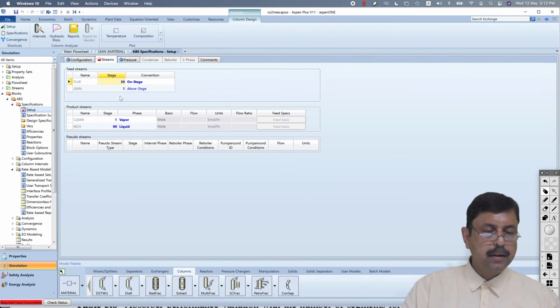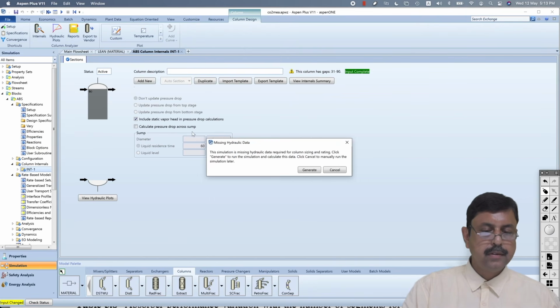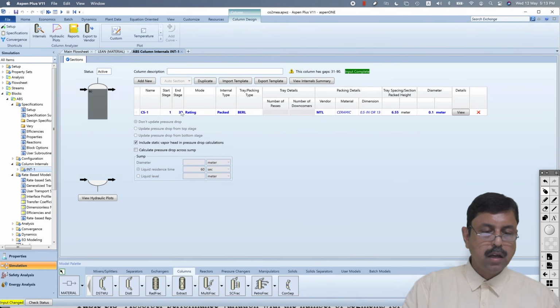Lean amine is entering on stage 90, and then the reaction is happening up to stage 90, and the column internals section is up to 90.